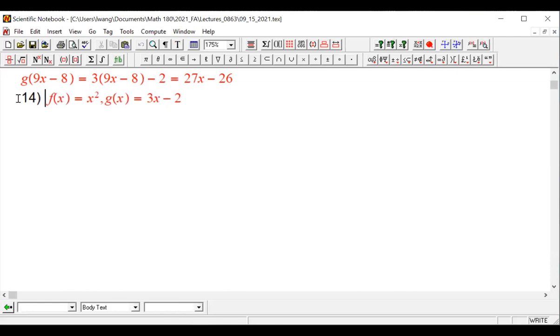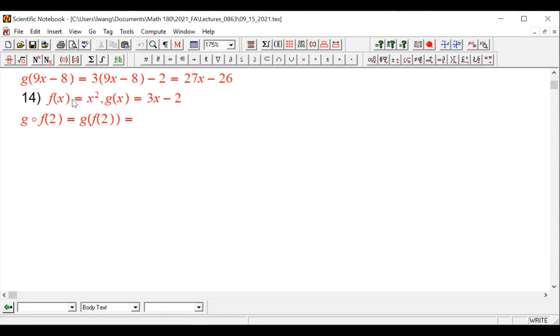Fourteen is asking us to do G of f of 2. Okay. Now, how is this defined? It's defined as G of f of 2.